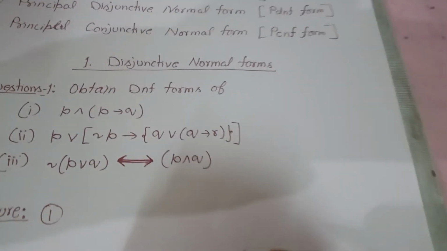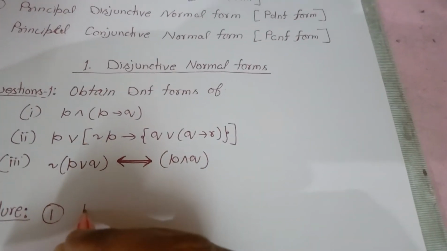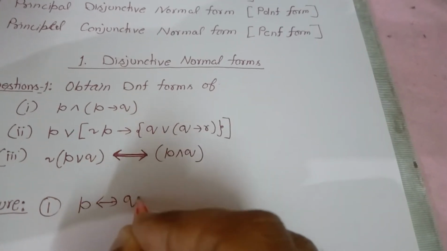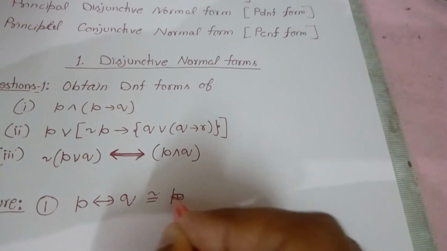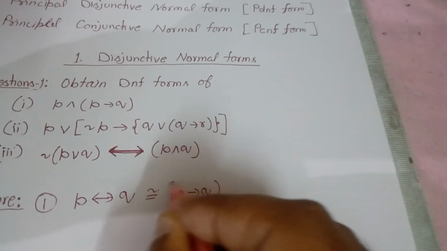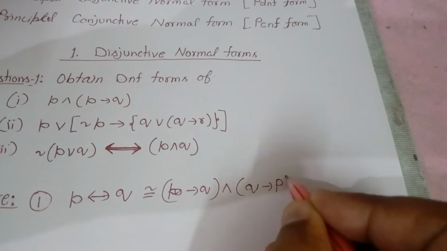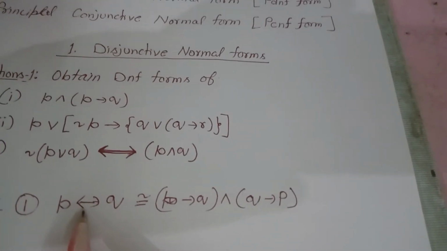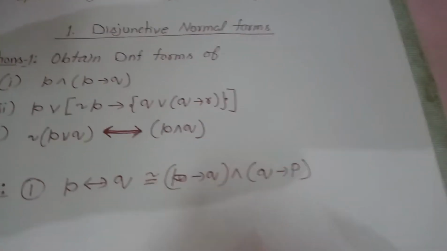Now the question is how we can solve this. It is solved by the given formula: P biconditional Q is equivalent to (P implies Q) conjunction (Q implies P). In this way we can break the biconditional connectives into conditional connectives.